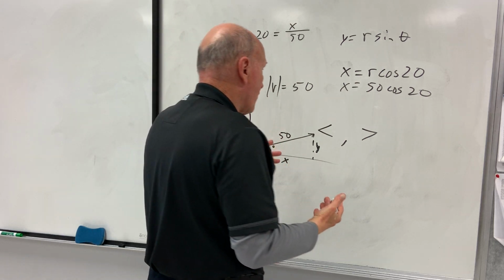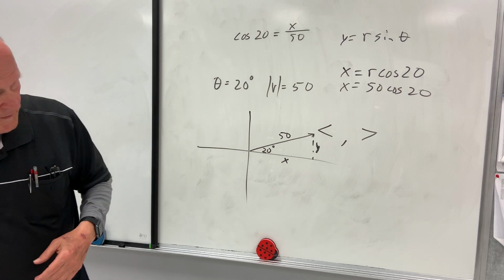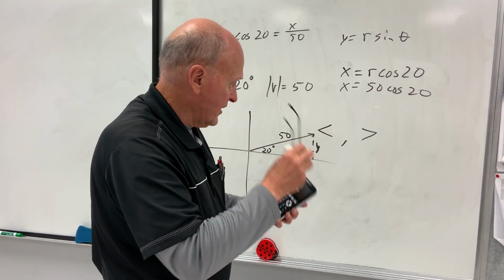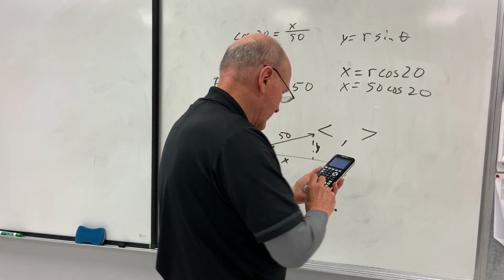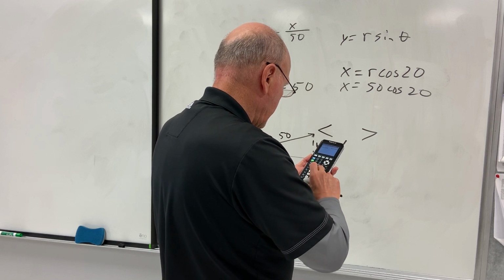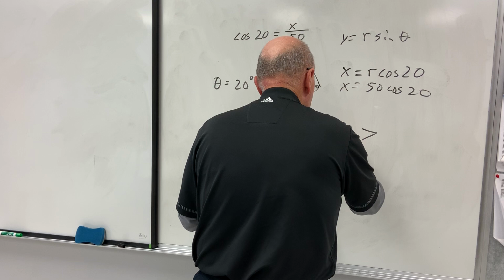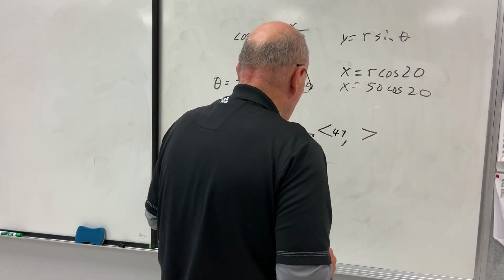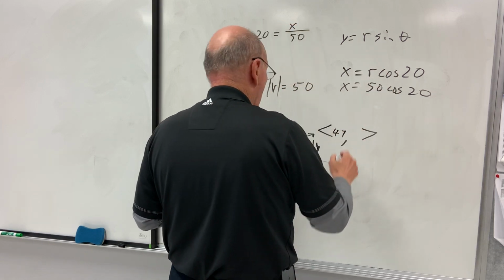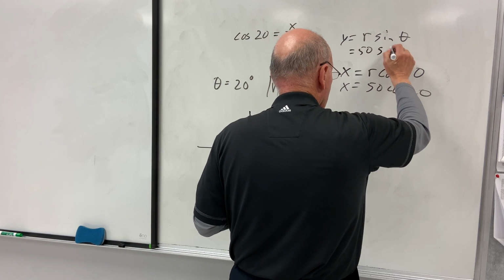So if I'm looking for my x value, I've got 50 cosine of 20. I'm going to use my calculator again. Get my glasses on here a minute. So I've got 50 cosine 20, and when I hit enter, I get 46.98. I'm going to put it down as 47. For my y value, I'm going to put r, which is 50, and sine of 20.